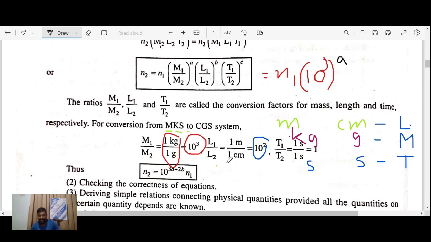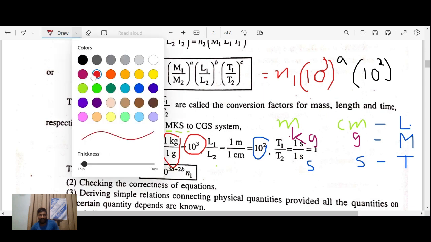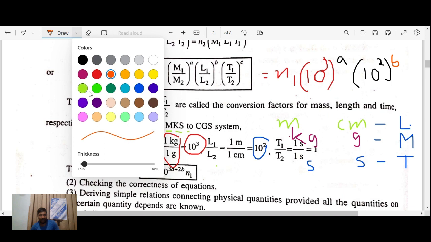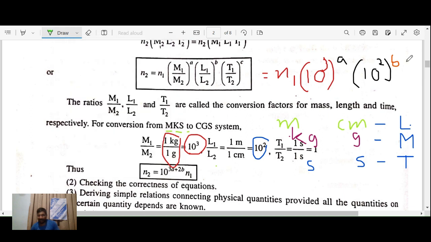In the second one, L1 over L2, the power is 10 to the power 2. Right? In the formula, we can see the index or the degree is b. Can you see? And the third one, I'm changing the colors and writing for your convenience.